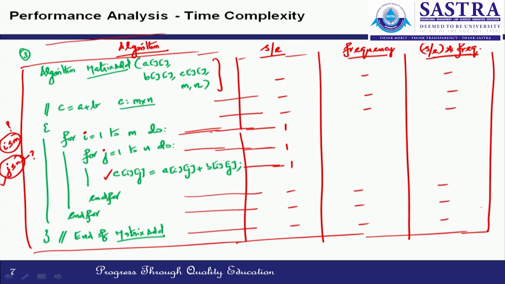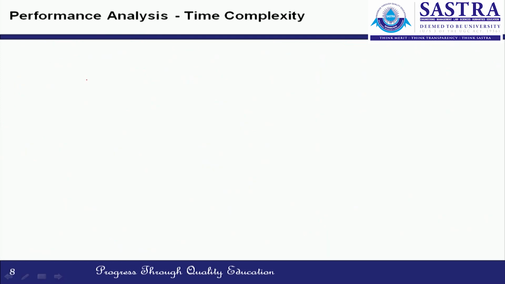So, considering the three statements, outer for, inner for, and this assignment statement Cij is equal to Aij plus Bij. In the outer for, i is equal to 1 to m do.